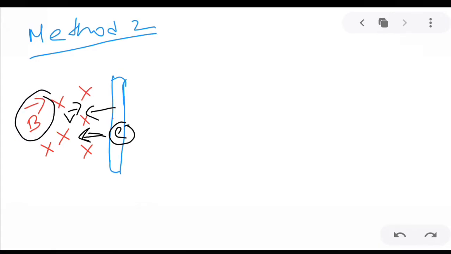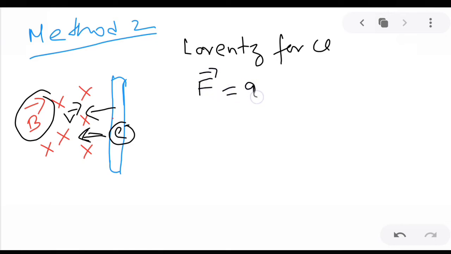A charged particle moving in a magnetic field will experience a force, and this force is called the Lorentz force, isn't it? The Lorentz force is given by the expression F is equal to Q V cross B.